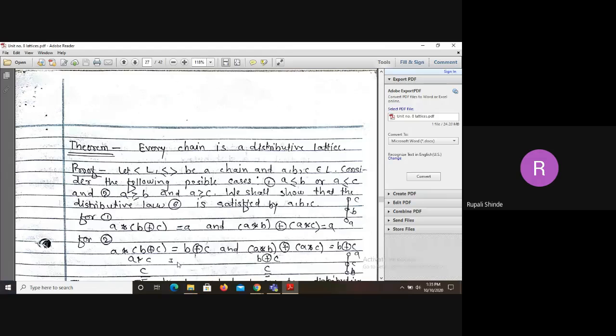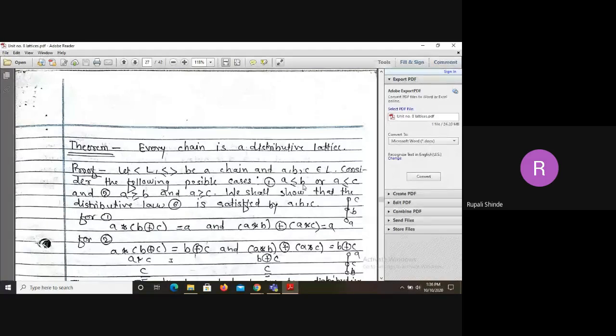If you consider any three elements, there would be two cases. First one, A is less than or equal to B and A is less than or equal to C. And second case, A is greater than or equal to B and A is greater than or equal to C. Now we have to check whether these two cases satisfy the distributive property.